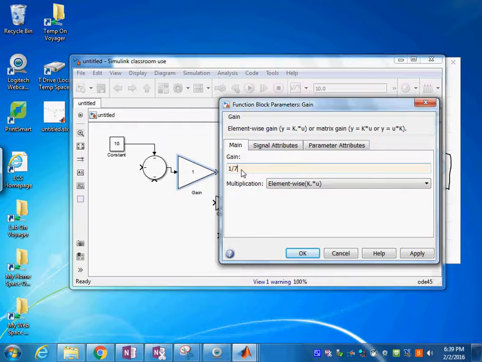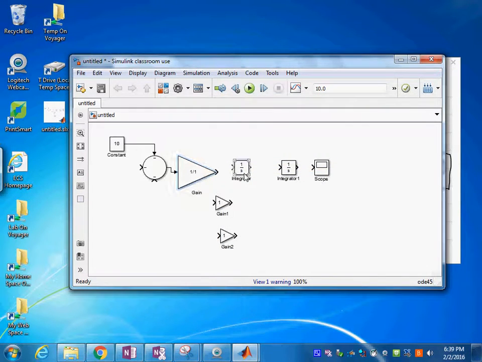If m is 1, this should be 1 over m, which should be 1 over 1. I don't understand why. See here.